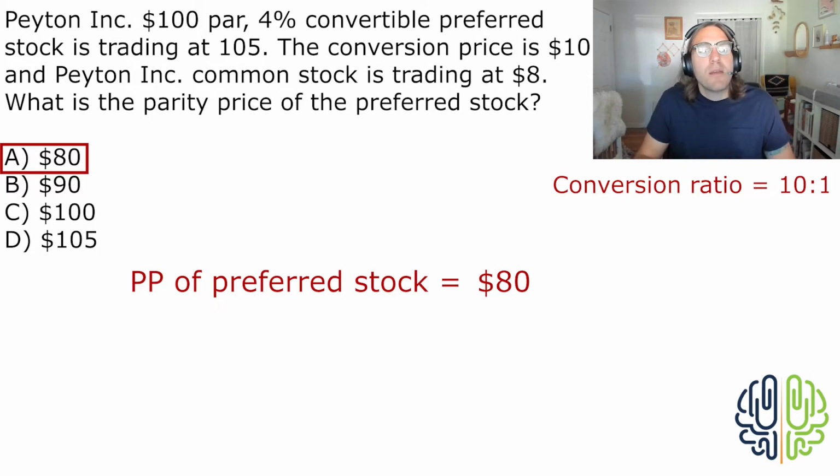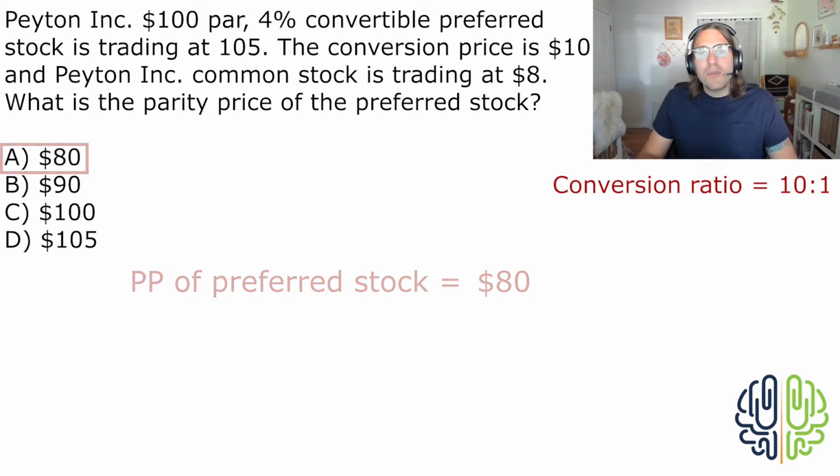This type of parity price can certainly help the investor figure out if it's worth it to convert into common stock. The parity price of the preferred stock will tell them what is the overall value of the common stock they can convert into. Well, if we bought the preferred stock originally for $100 and we can convert it into $80 of common stock, that might not make a bunch of sense. And the investor probably would not convert in that example.